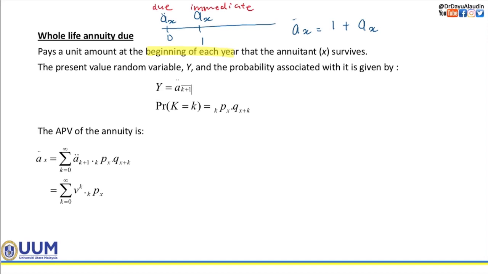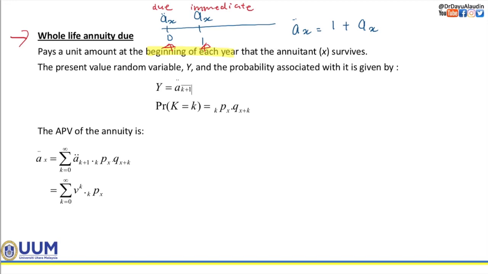So now we go to whole life annuity due. Same as annuity for the continuous case, annuity due also has the case for whole life. Annuity due starts at 0 because it is at the beginning of each year. This is for the case for annuity immediate, which starts from 1.